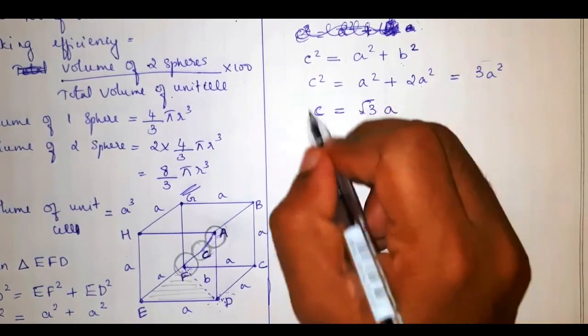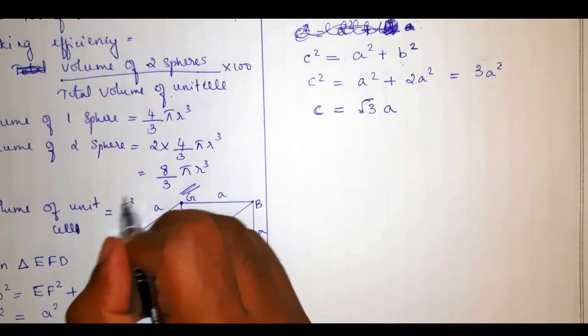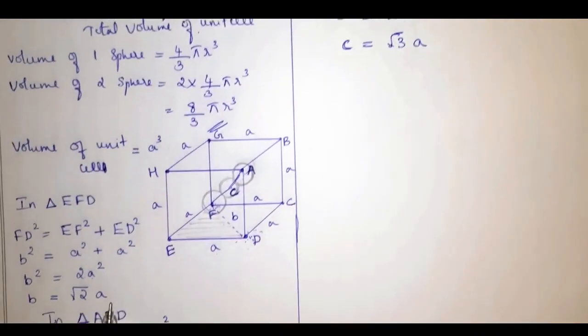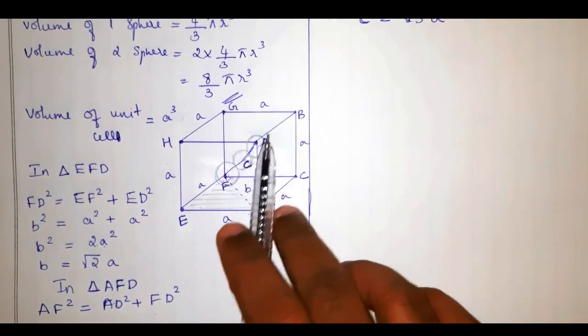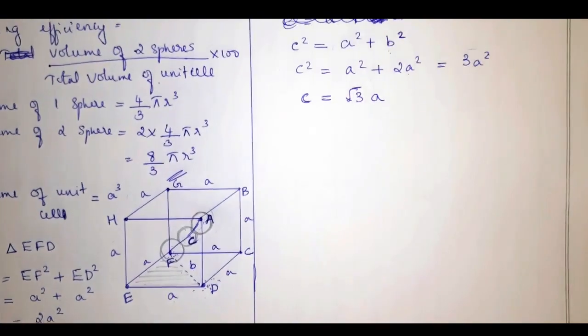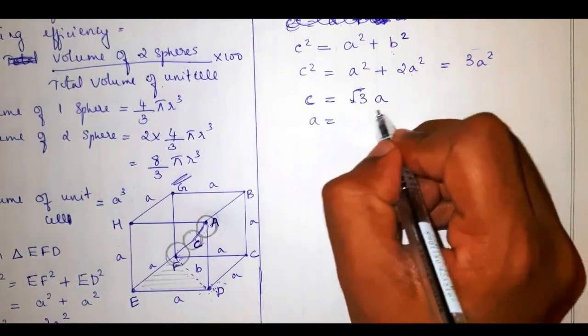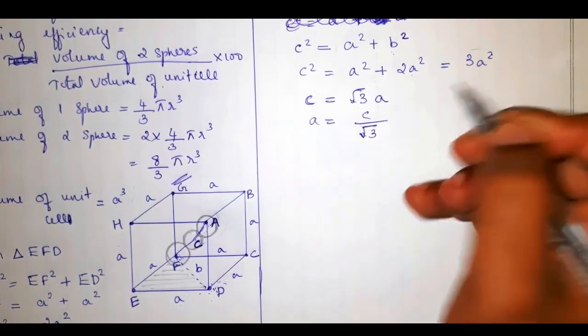Now from this, take the value of only A. From this you have to get the value of only A. From B you can't take the value of A because our intention is to get this diagonal. So take the value of A. You will get A is equal to C by root 3.